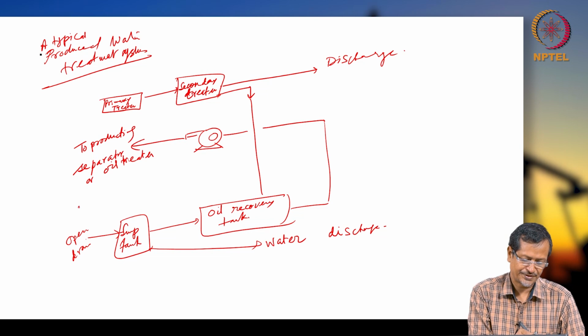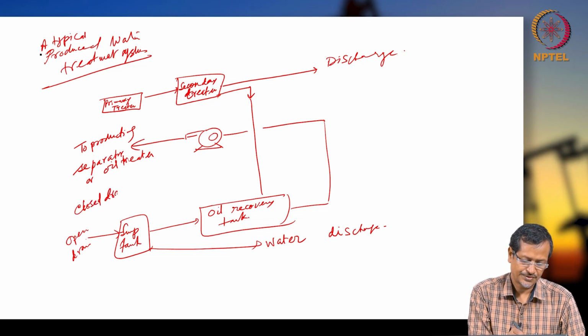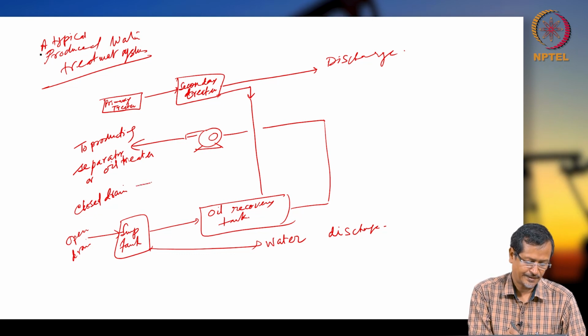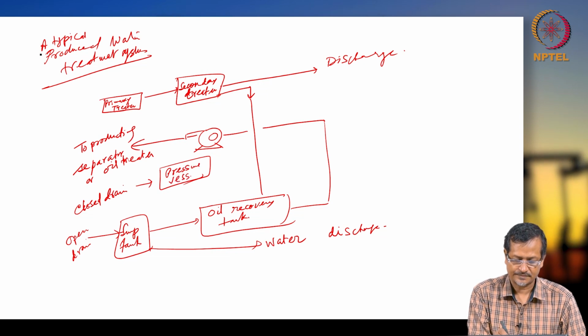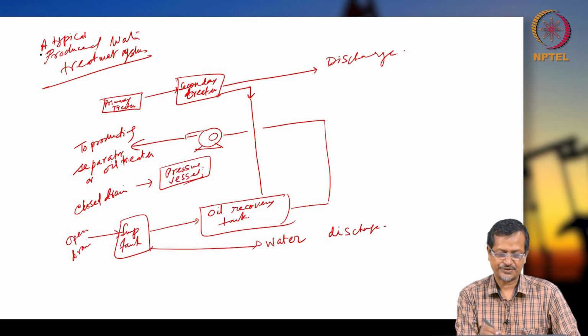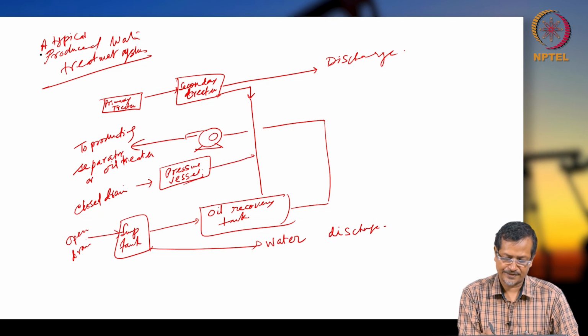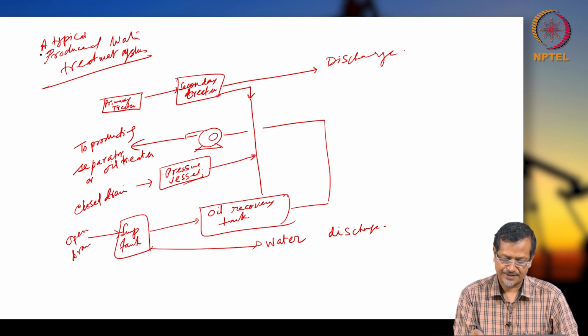If you have a closed drain, then from there the pressure vessel, closed drains will be higher pressure. So through the pressure vessel you are adding that fluid here, and you are sending it to the oil recovery tank.